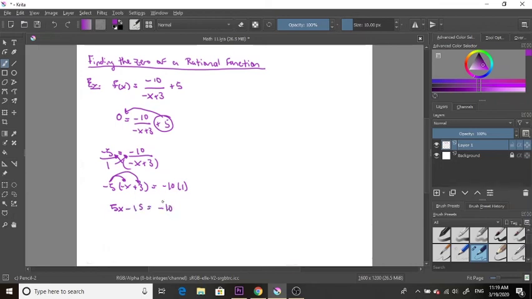This gives me negative 10. I'm going to bring the negative 15 over, so it becomes negative 10 plus 15. This will give me positive 5. Divide by 5, and our x becomes 1.